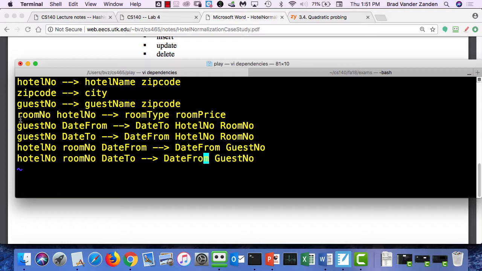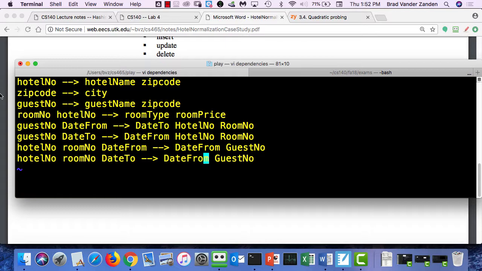Okay? For an exam, what do you think I would choose the primary key to be? Because the question would be uninteresting if I chose the other one. On an exam, it would be hotel number and room number is going to be your primary key.